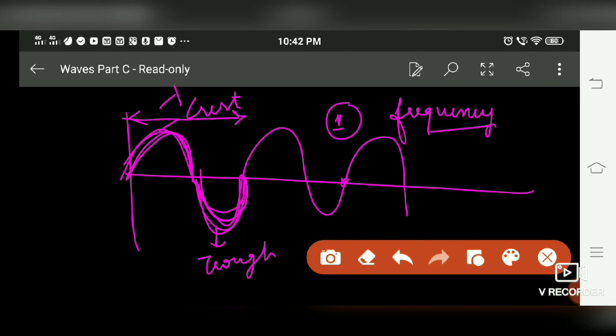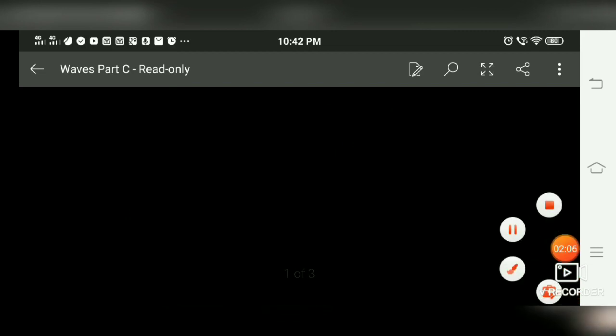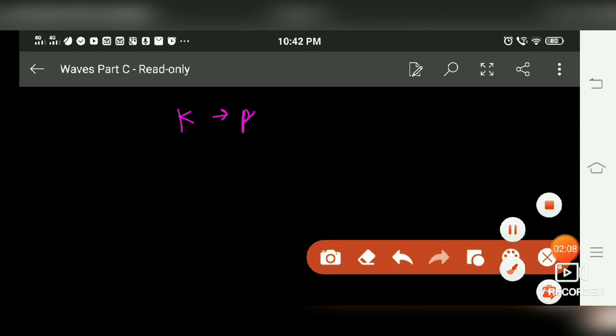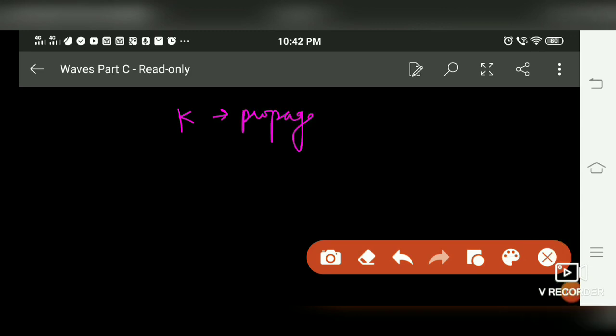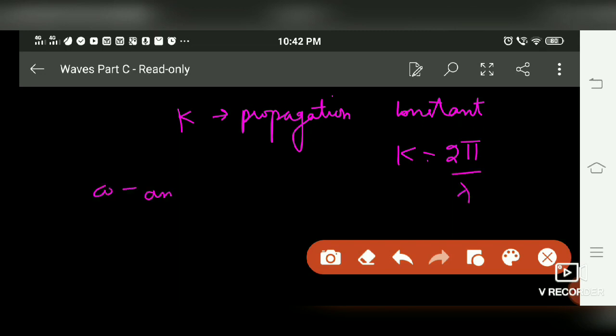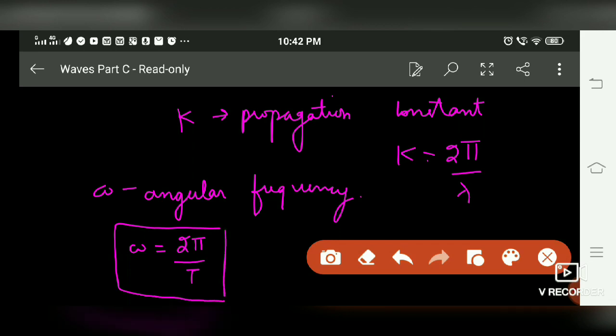Here k is the propagation constant, and its value is 2 pi by lambda, where omega is the angular frequency, and the value of omega is 2 pi by T.